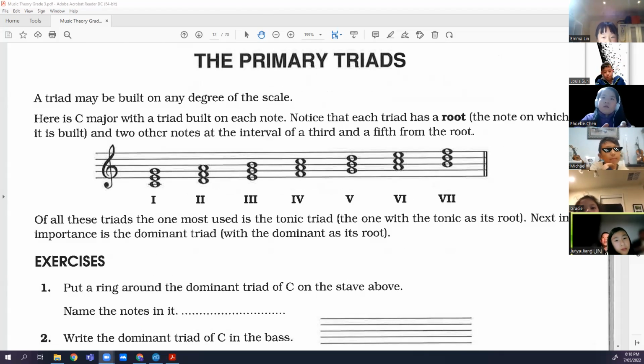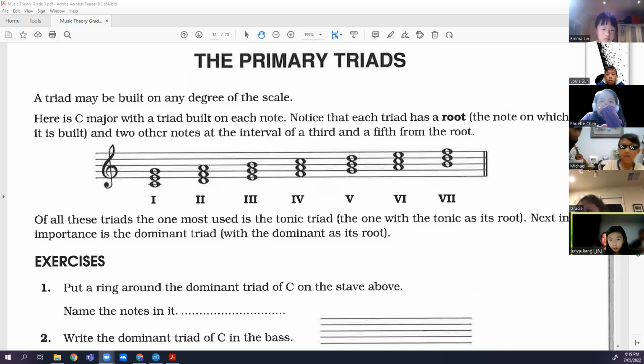Okay, a quick quiz. What's the bottom note of a triad called? The root. Yes. Look at the root. And for dominant triads, count a perfect fifth down from the root, and with subdominant triads, look at the top note.